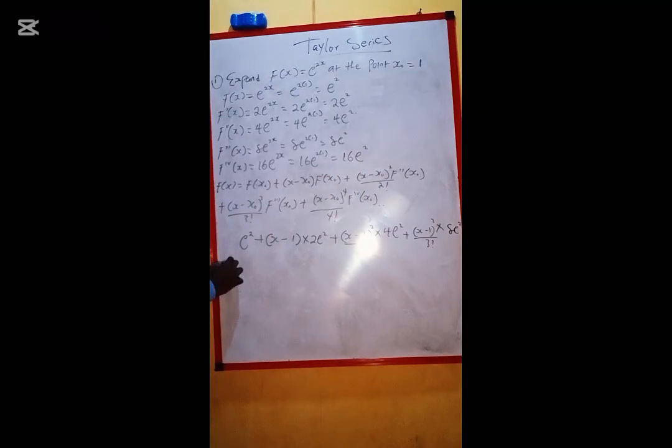Then the fourth one, plus (x minus 1) to the 4 times 16e squared.